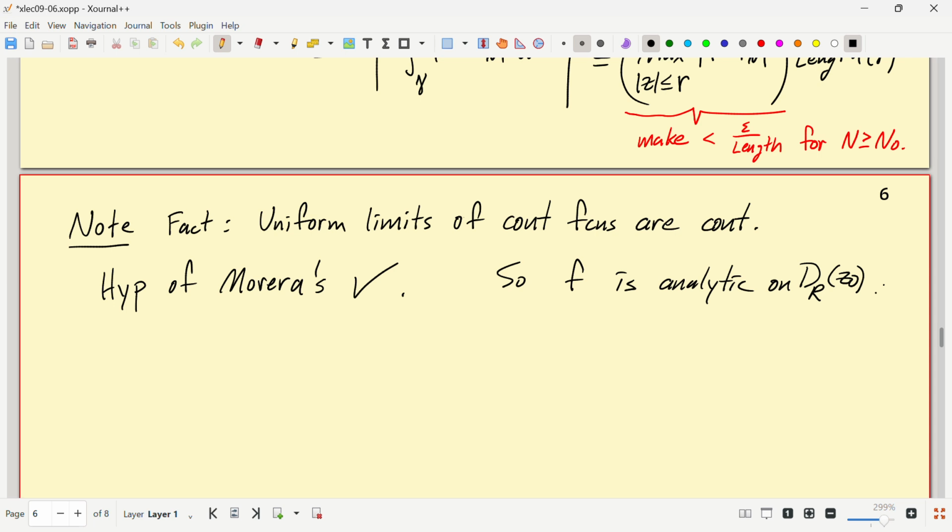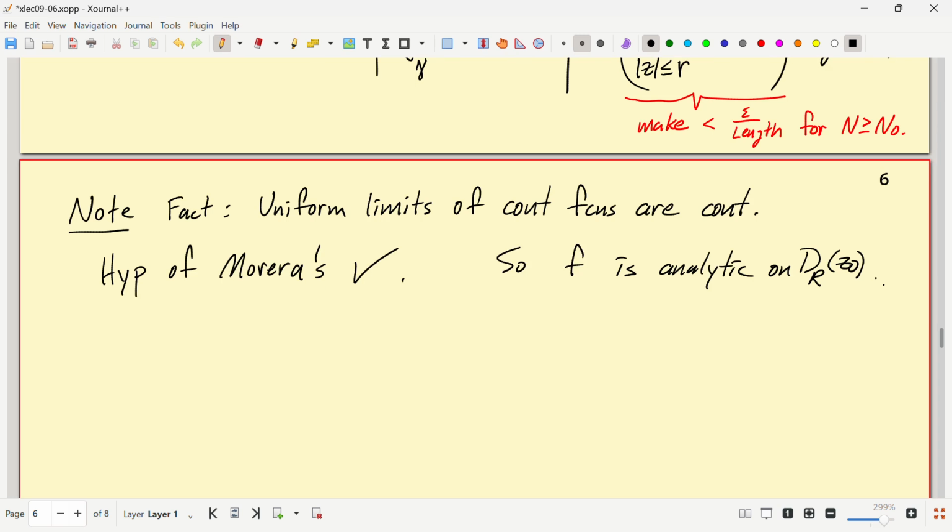Well, this proof can be made to work whenever analytic functions converge uniformly, and there's a word for that.